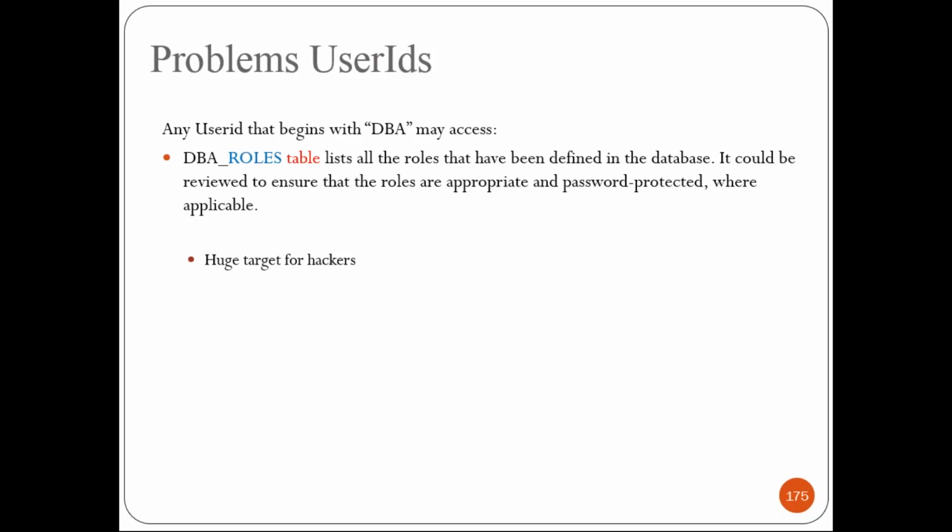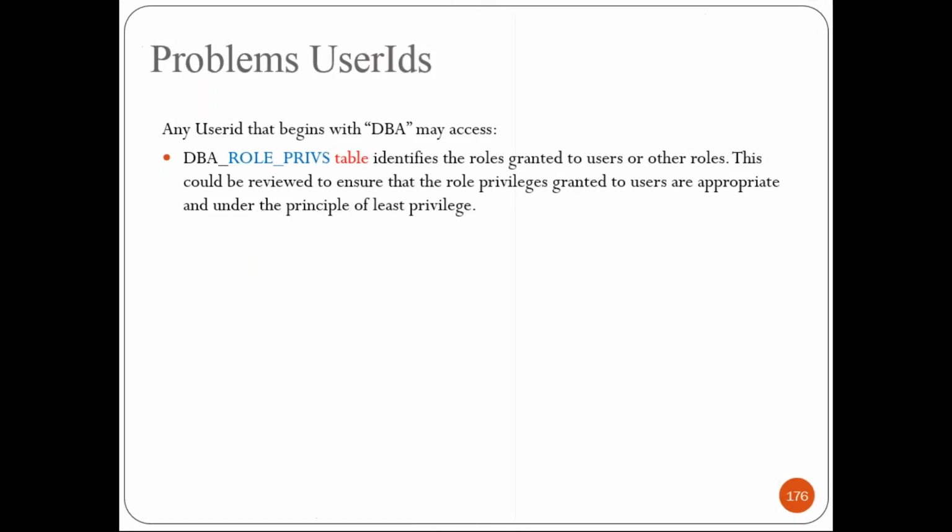So you can probably by default know that DBA roles table is very sensitive in terms of your administratives. All of the administratives you have in the system, it's really important you lock down access to the DBA roles table, because it's pretty easy to identify people who have admin access if you have access to this table.